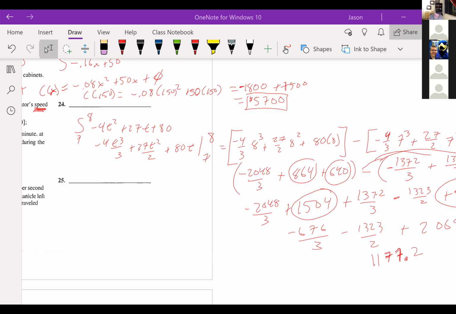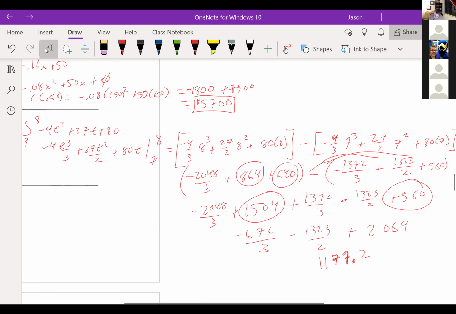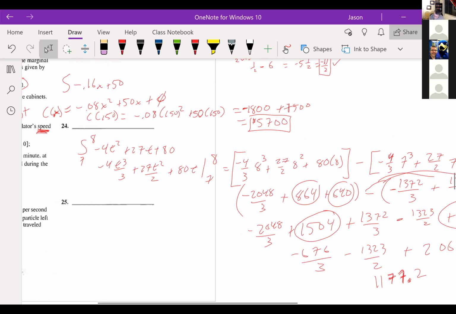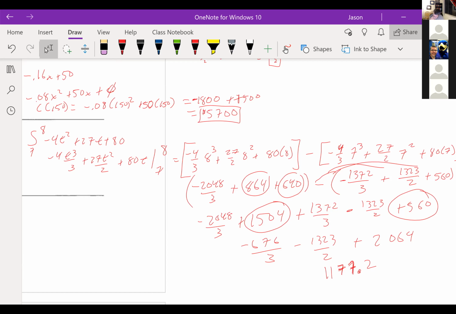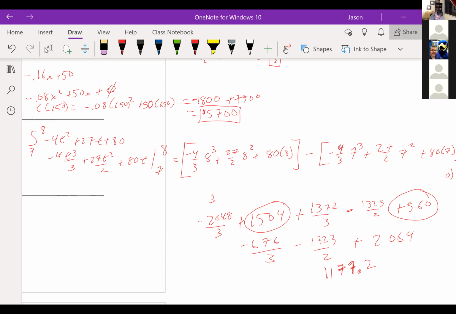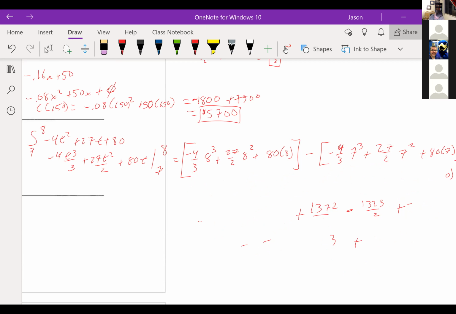So let's see if I can see the error in my arithmetic. I probably can't, but okay, so the integration is correct.